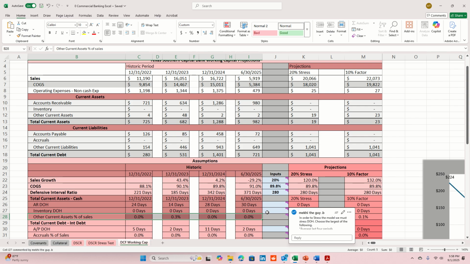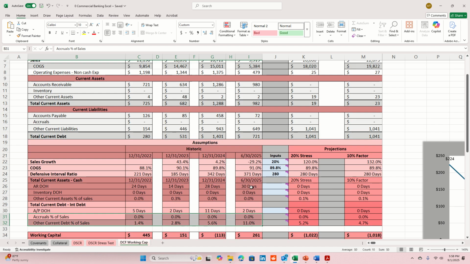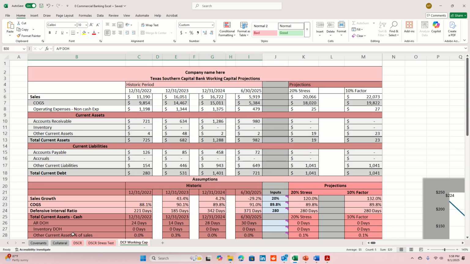And you don't need to calculate this anyways. Don't worry about other current assets, accruals, or other current debt, percentage of sales. I want you to worry about AR days on hand, inventory days on hand, and accounts payable days on hand. So anyways, back to it.